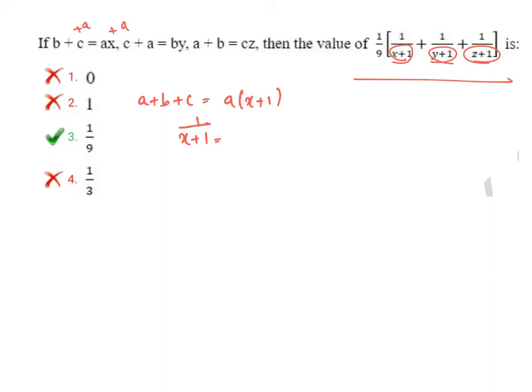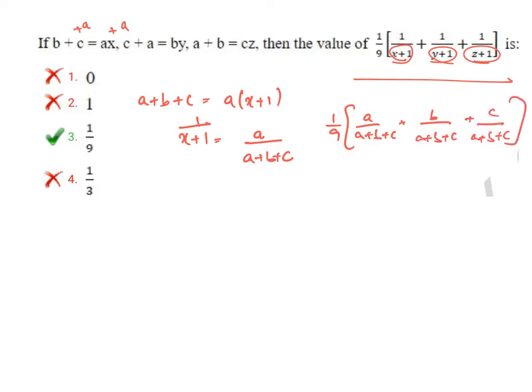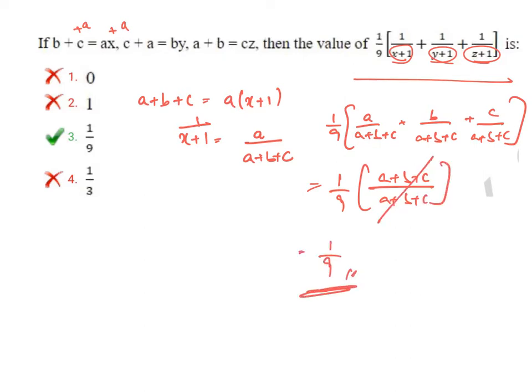So 1 by x plus 1 will be a by a plus b plus c, and in the same manner the others. So the first one will be a by a plus b plus c, the second one will be b by a plus b plus c, the third one will be c by a plus b plus c. Then it will be (a plus b plus c) by (a plus b plus c), so it gets cancelled. So it is 1 by 9.